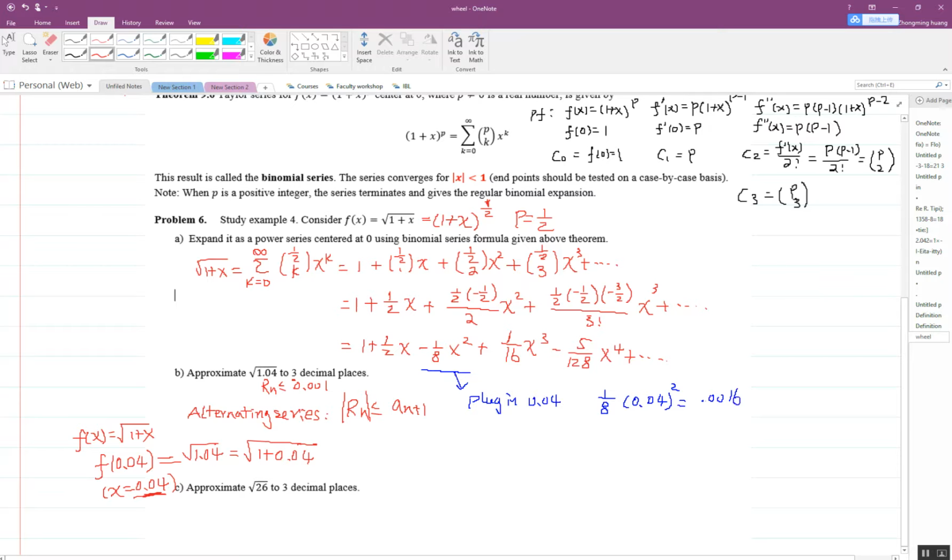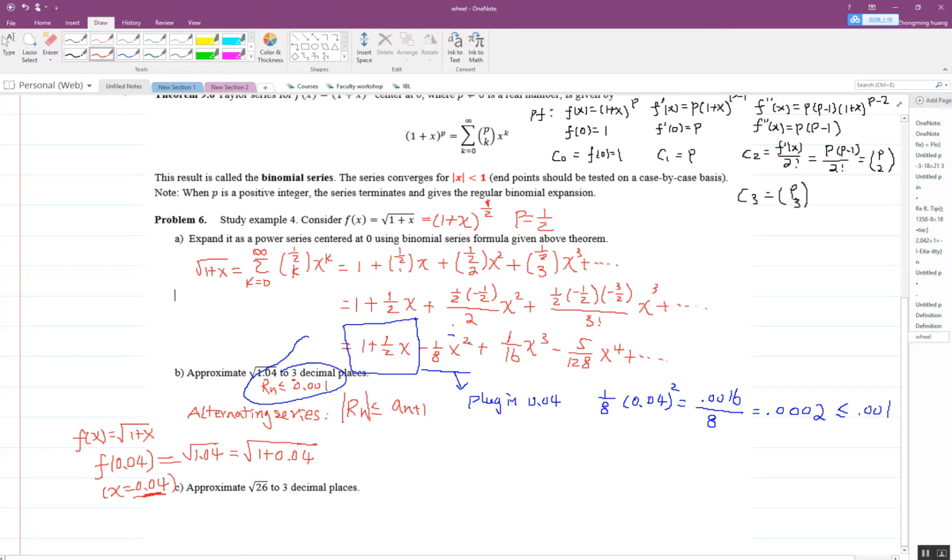There are 2 decimals here, so when you square it, 4 decimals, divided by 8, which is 0.0002. And you already see that this is less than or equal to 0.001, which means this condition is already satisfied. So you only need 2 terms to achieve this accuracy.